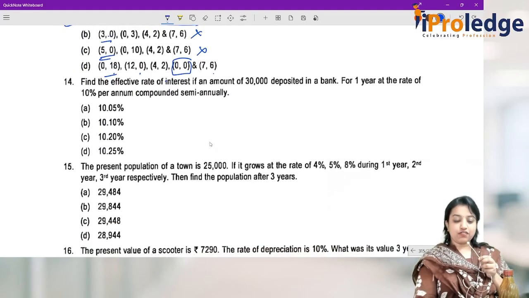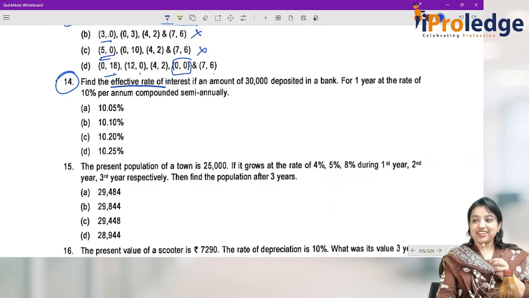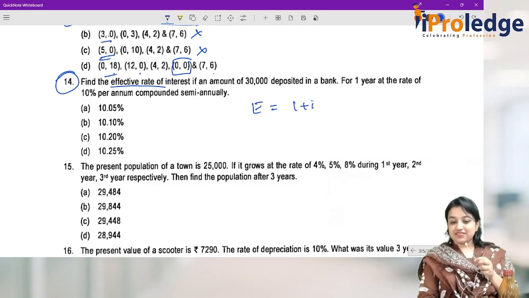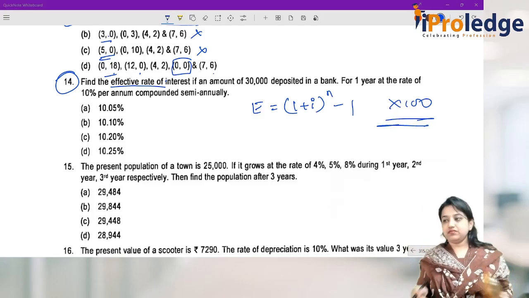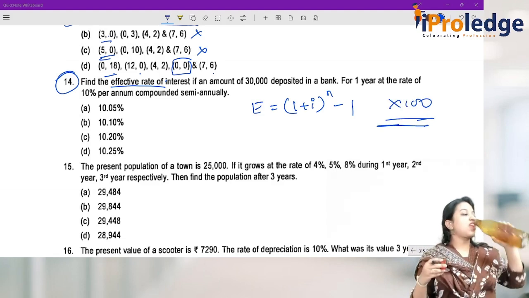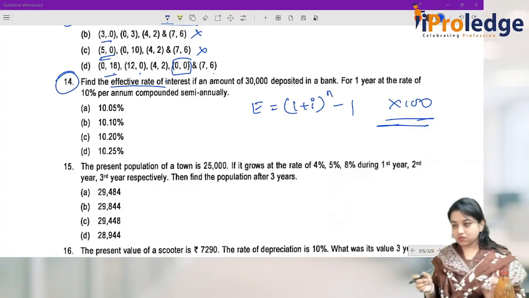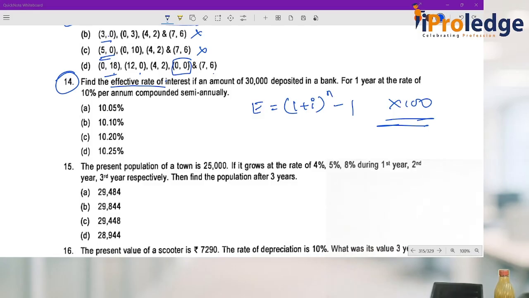Then 14th one, what you have to find out: a compound effective formula. What is it? 1 plus i, to the power n, minus 1. Very good, do it. Take the calculator.